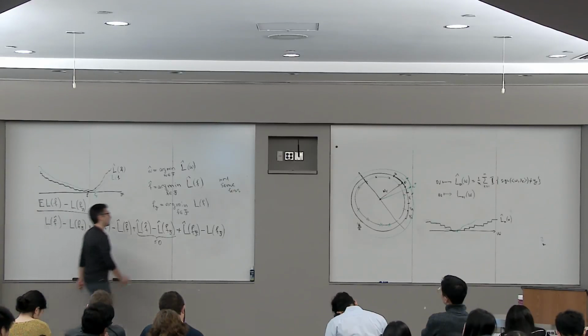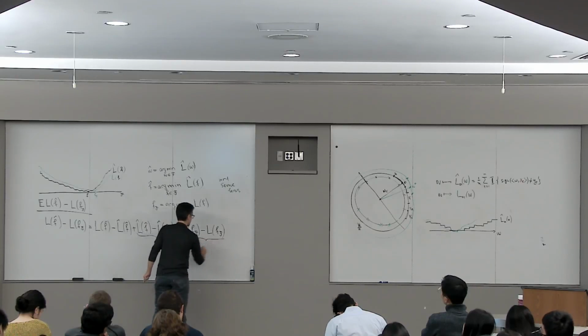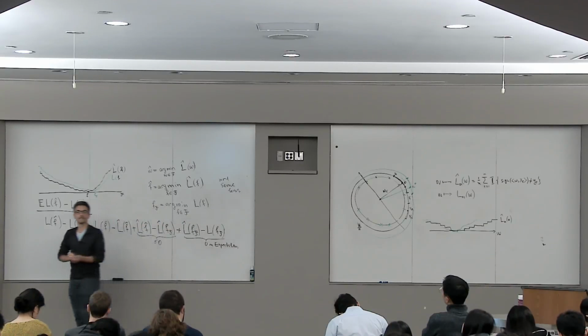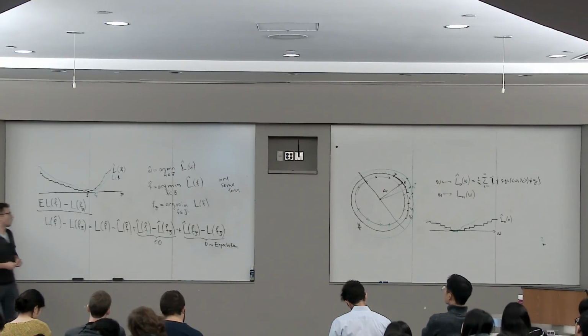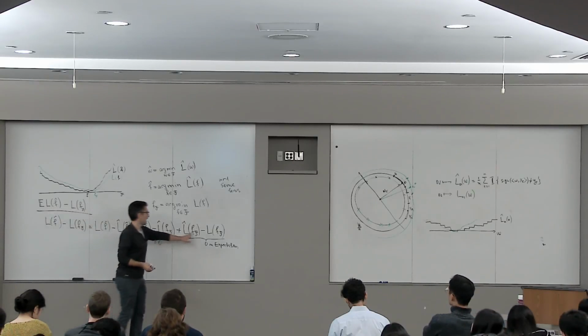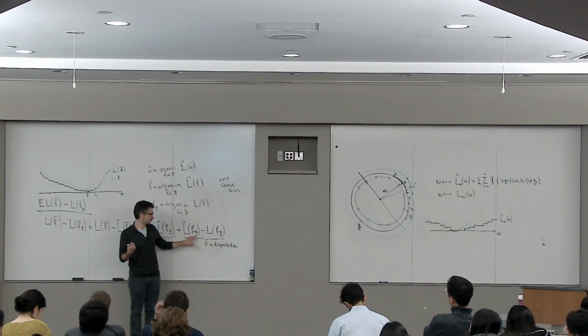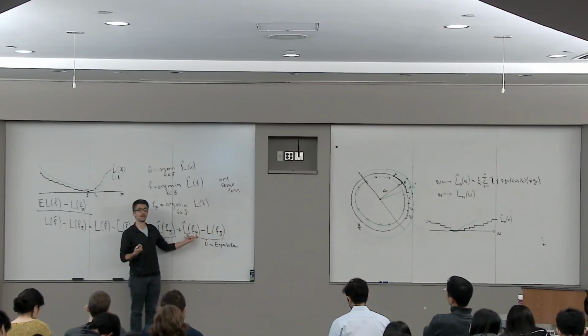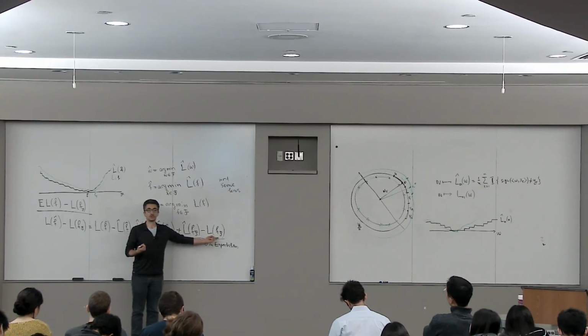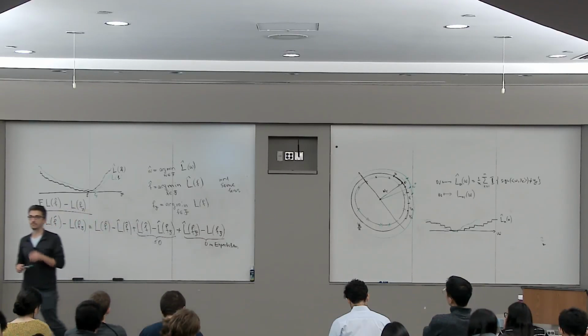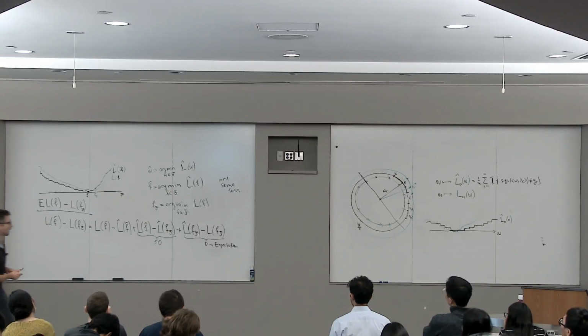Now the claim is that this term is 0 in expectation. Why? Because f sub F is a fixed function. It does not depend on the data. And so the average of random variables minus their expectation is 0. Let me write it out.